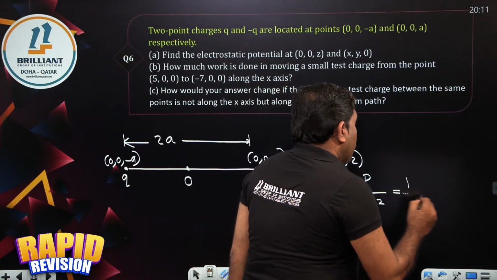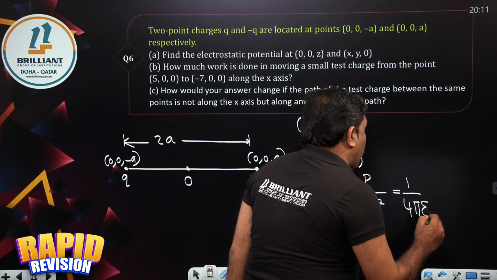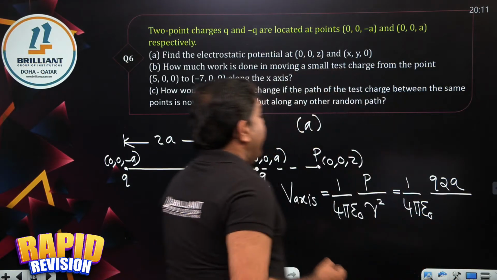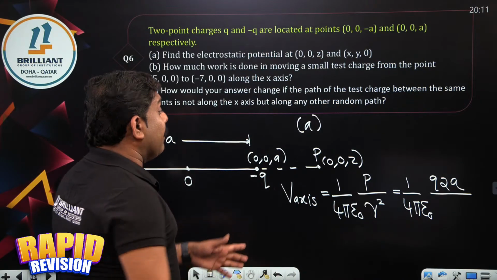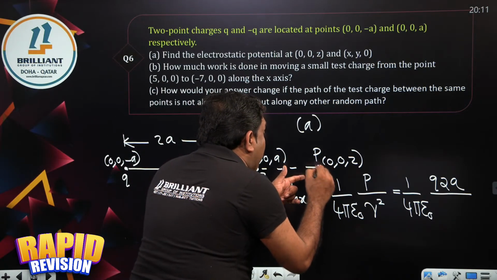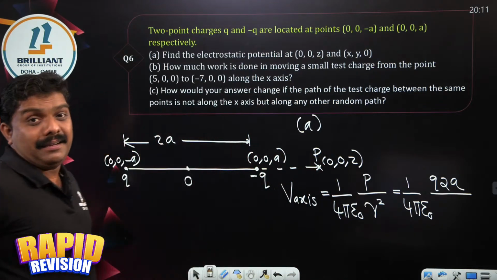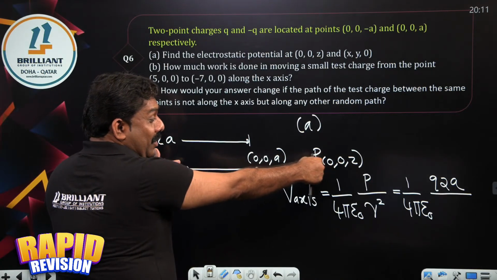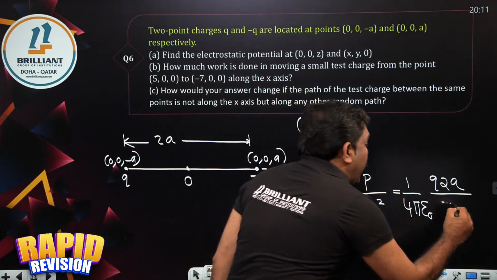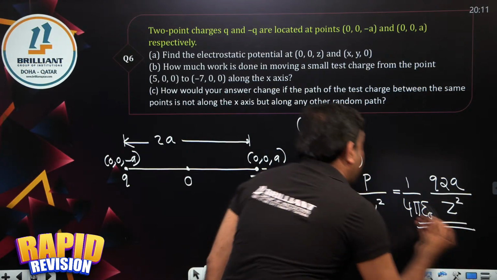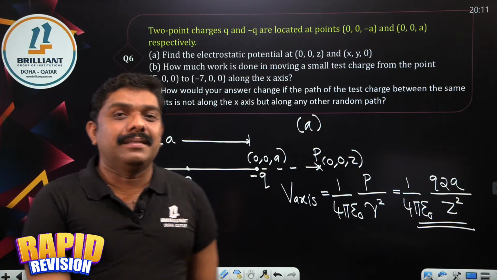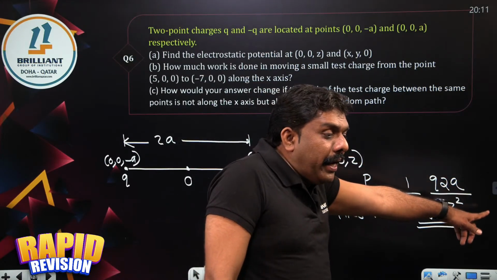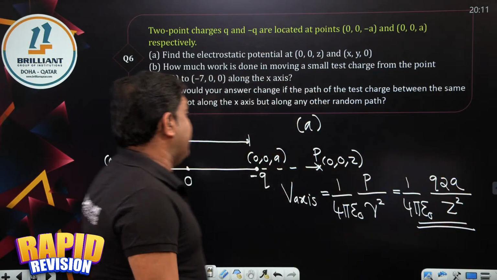So I can write 1 by 4 pi epsilon 0 Q 2A divided by the distance. What is the distance to the point P from the center? The distance is Z because the point is (0, 0, Z). So V axial is equal to 1 by 4 pi epsilon 0 Q 2A divided by Z square.